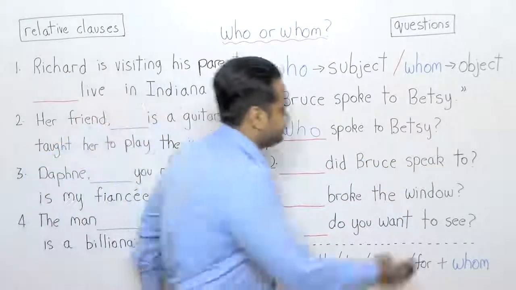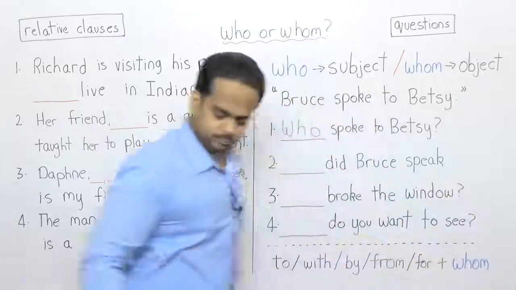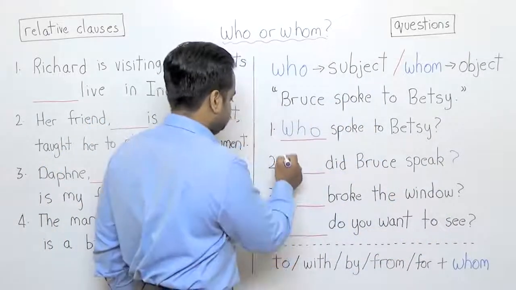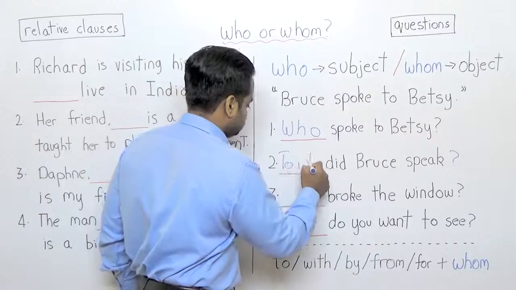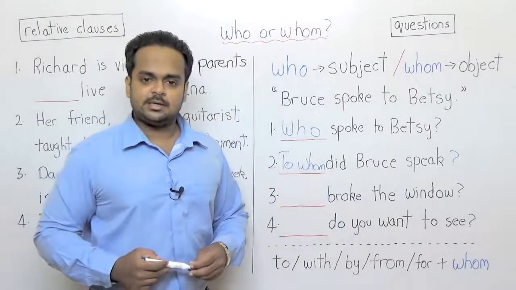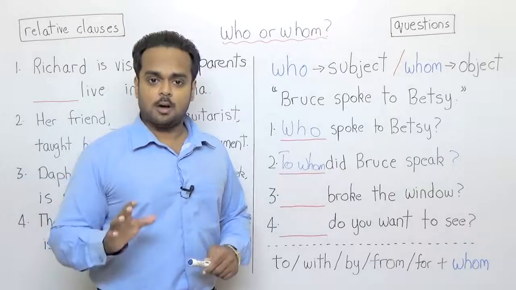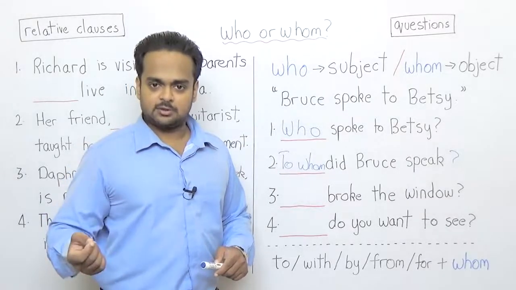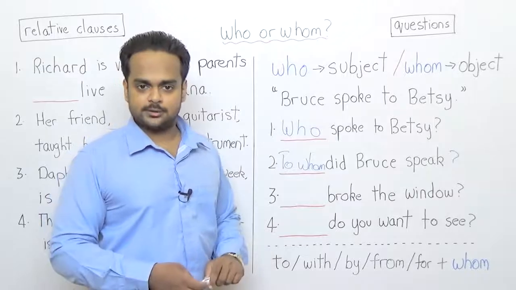So let's do that. I'm going to put a question mark there. To whom did Bruce speak? That is actually the proper grammatical form of that question. So if you're writing something formal, this is how you should write it.